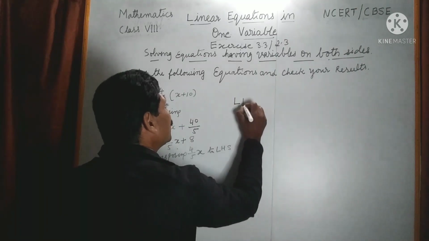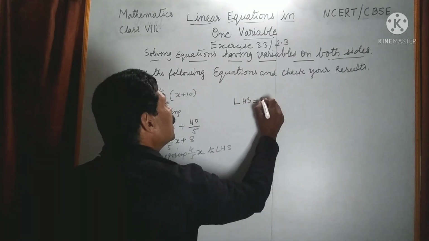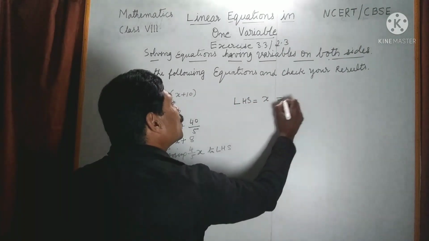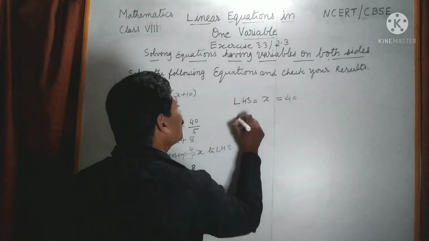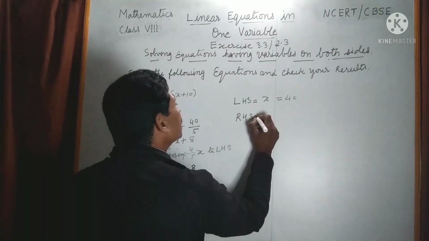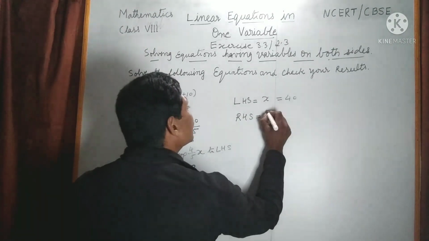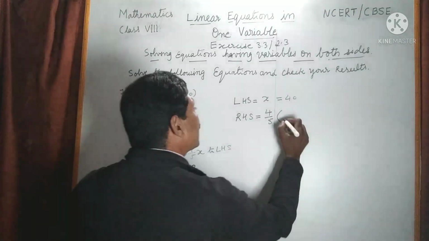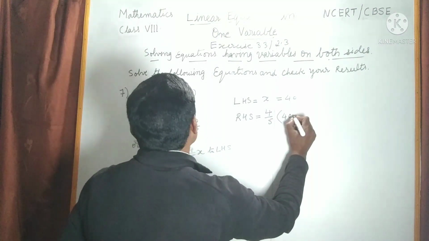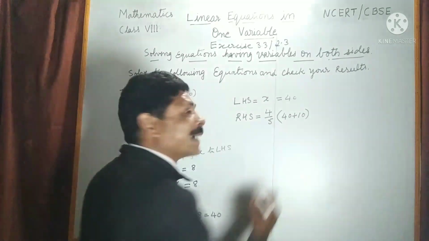Now let us check the result. LHS is equal to x is equal to 40 and RHS is equal to 4 by 5 into x is 40 plus 10.